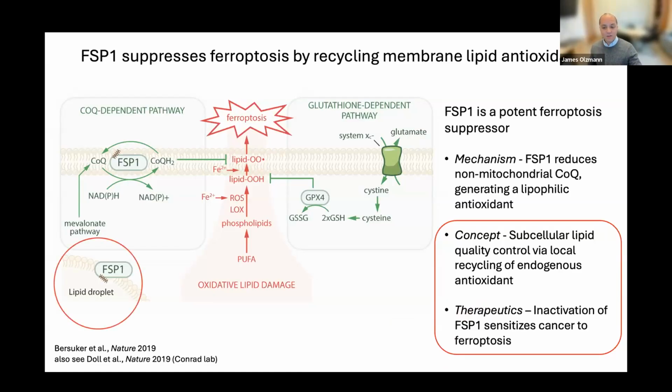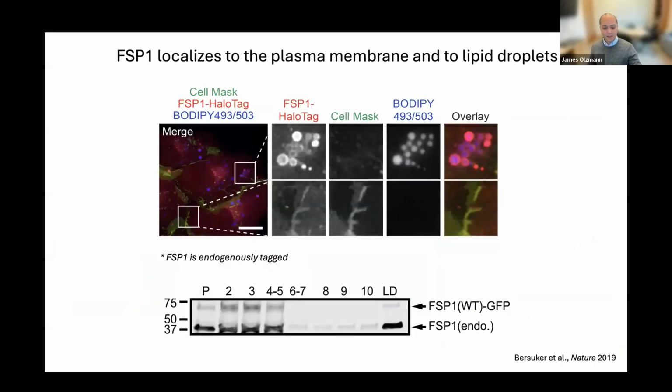So this idea of subcellular lipid quality control initially led us to lipid droplets, where we've focused because of our interest in stored neutral lipids and their importance for many diseases, as well as our finding that FSP1 localizes very strongly to these organelles. And so we had seen this in our initial publication. What I'm showing you here in the images is a genetically modified cell line in which we knocked in a Halo tag into the endogenous locus of FSP1.